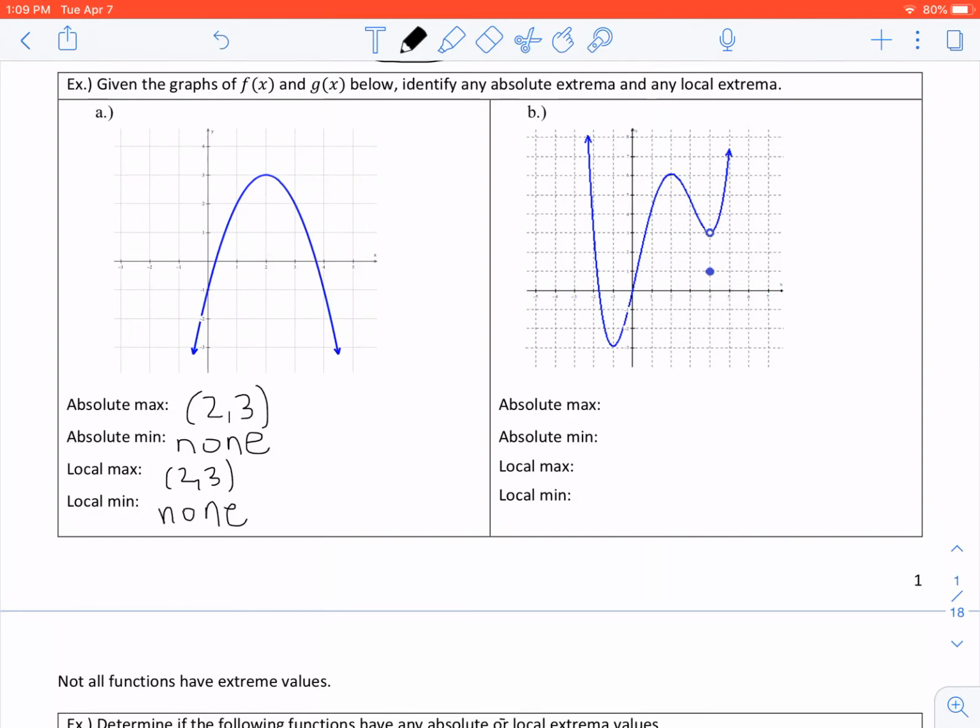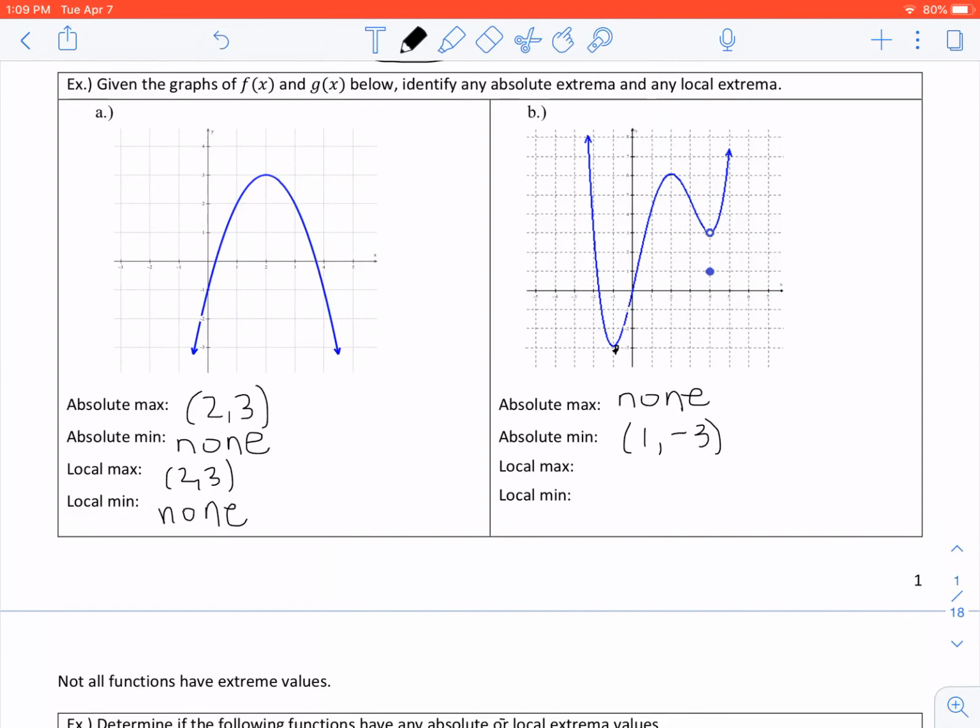For the second graph, part B, this time we have no absolute max because both of those ends are pointing upwards, so none. For our absolute min, this is the lowest minimum value that we have, down here, and it is (1, -3).